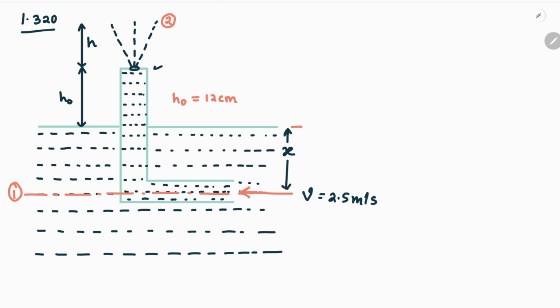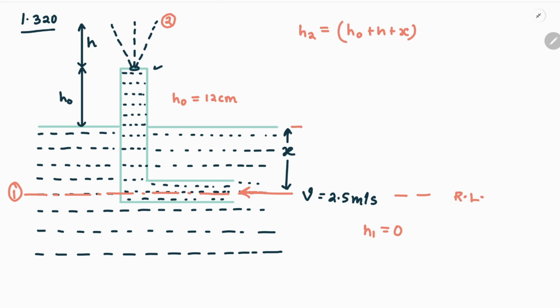So we are marking two positions, position 1 and position 2, between which we will be applying Bernoulli's expression. Over here, we need to identify the reference level, so we can identify either the lowest point or the surface of water as the reference level. In this case, we are taking this one as the reference level. So h1 is equal to 0, and h2 is equal to h0 plus h plus x above the reference level.